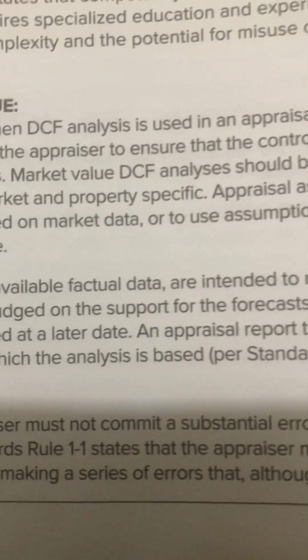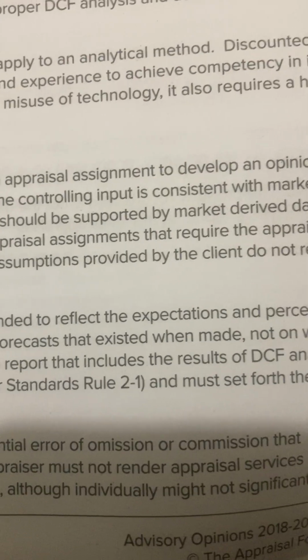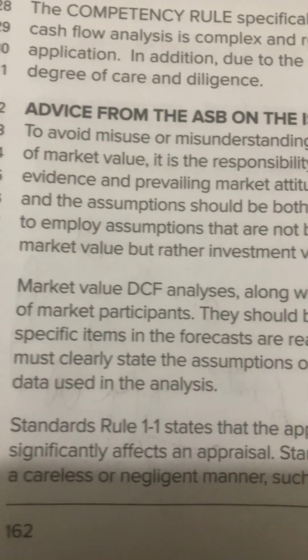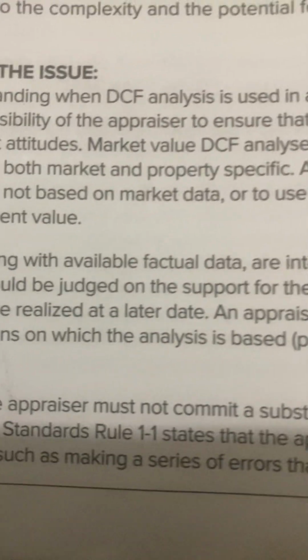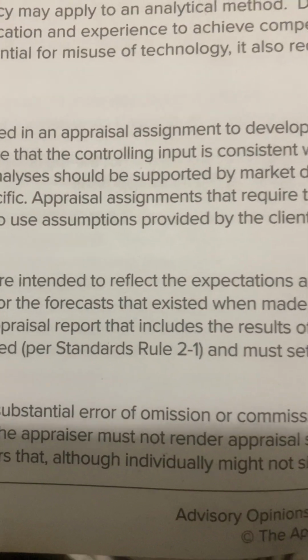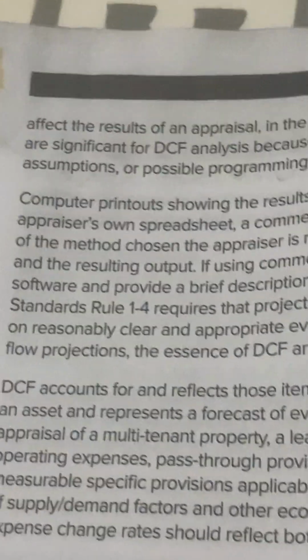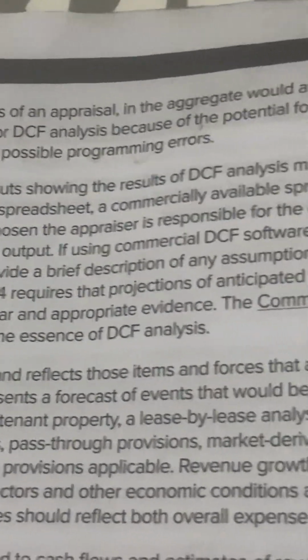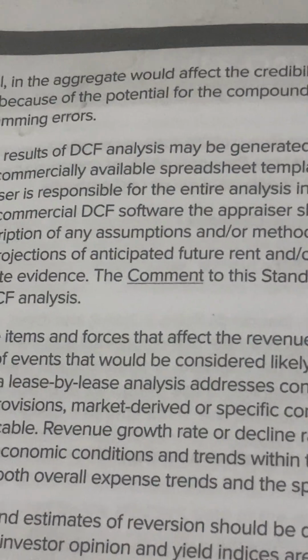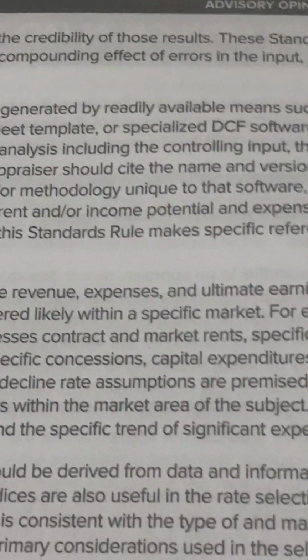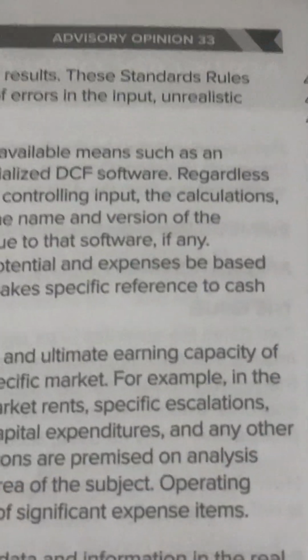Standards Rule 1-1 states that the appraiser must not render appraisal services in a careless or negligent manner, such as making a series of errors that, although individually might not significantly affect the results of an appraisal, in the aggregate would affect the credibility of those results. Page 163.